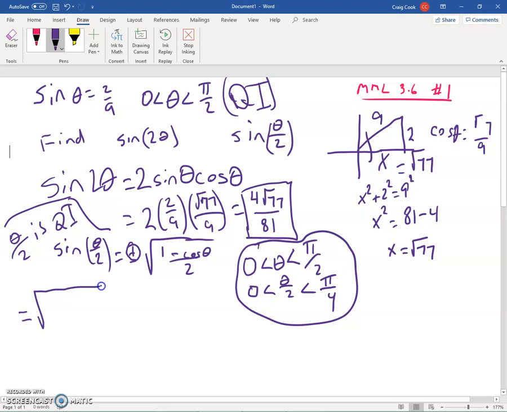So we're talking about the square root of 1 minus cosine, which was root 77/9 all over 2.